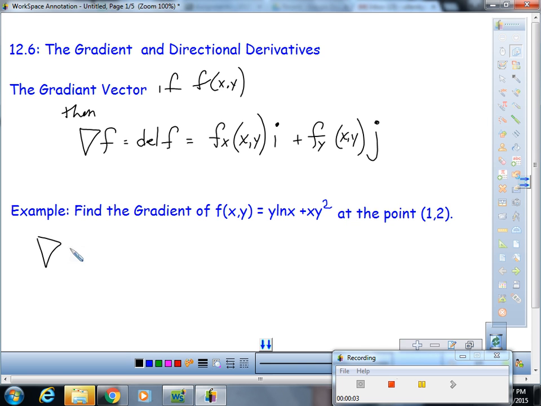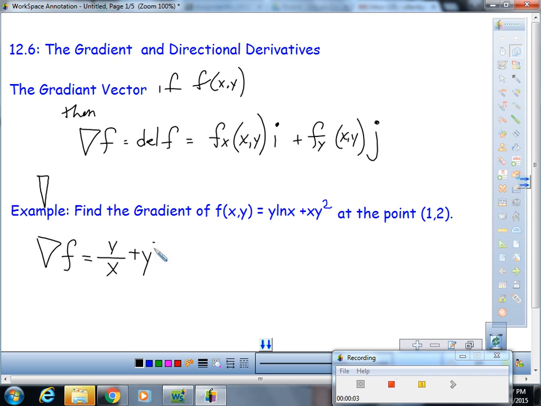So let's just practice. Del f is equal to, no, it's del. It's like an upside down delta that's been stretched. It's the gradient. Alright, so the gradient would be the partial. What's the derivative of the natural log of x? Alright, so this would be y over x, right?